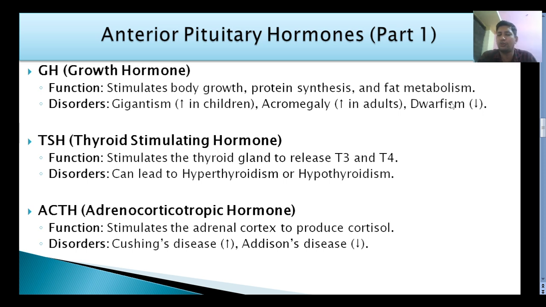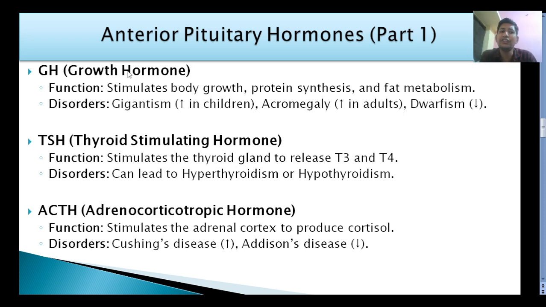Especially if you visit a circus, where you can see the jokers, or you can say the short humans, they are referred to as dwarfs because their height is very much reduced. And why does this happen? It is due to the deficiency of growth hormone or somatotrophic hormone.